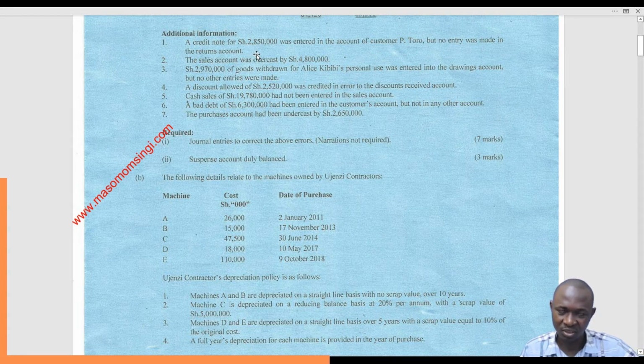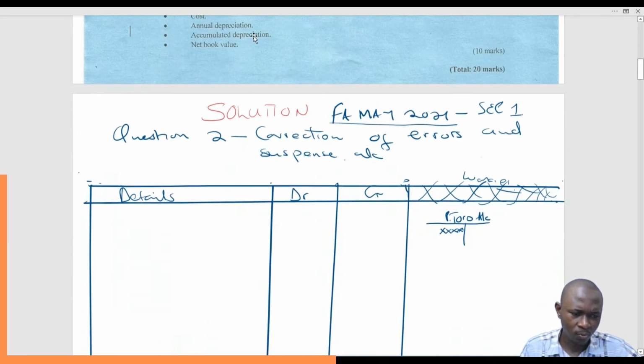You can see no entry was made in the returns account. So he returned the goods back to the business. And upon his returning the goods to the business, he was issued with a credit note of 2850, which was entered in his account. So basically how the account is supposed to be is that we are supposed to see the credit note reflecting here in his account to reduce this.